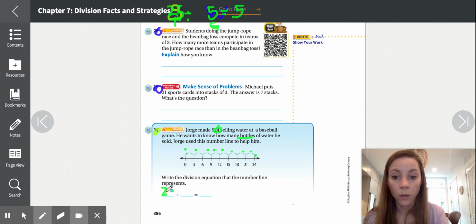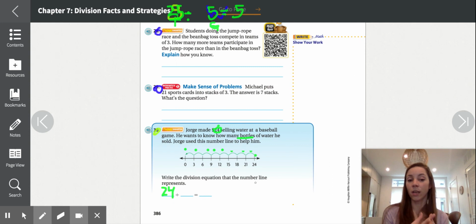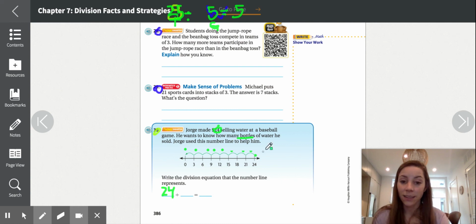So you all knew we started with 24. That's the total. Now we figured out there's a 3 and an 8 because there's 3 in each and there's 8 total groups or jumps. But we have to make sure we put it in the right order because they ask us to find how many bottles. So which number is the bottles, the 3 or the 8?